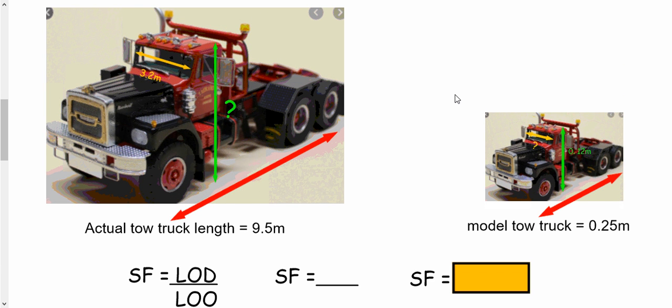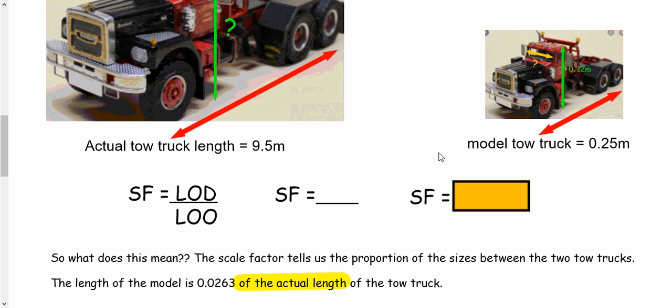Well, let's have a look here. Here I have a tow truck, and over here I have a model of a tow truck, okay? So let's find out the scale factor of this tow truck. Here it says the actual length, LOD over LU, so length on diagram. Well, that's over here, 0.25, so I have 0.25 divided by length on original.